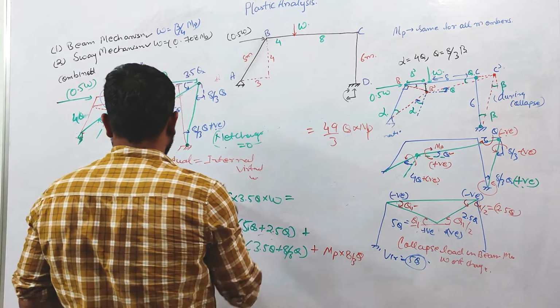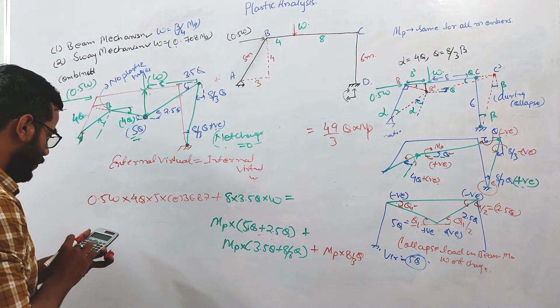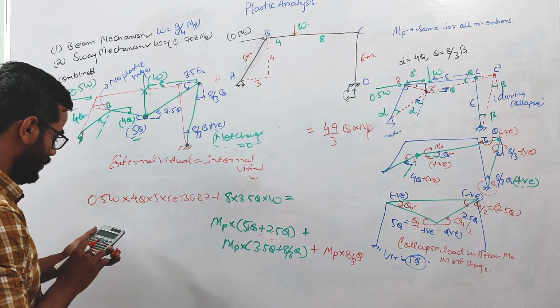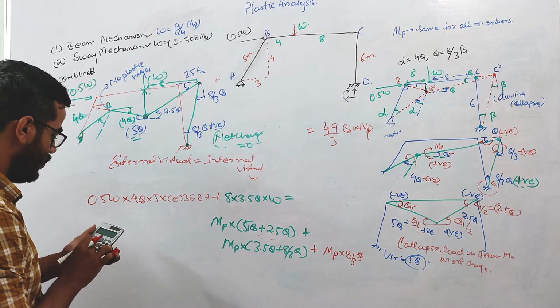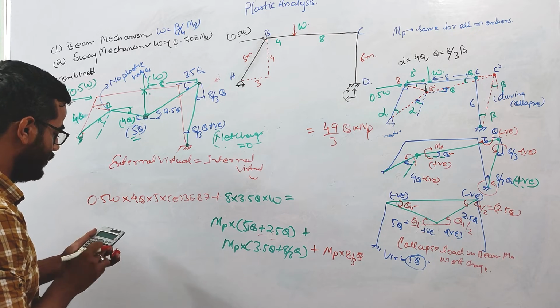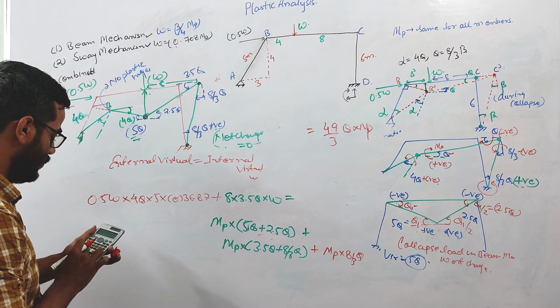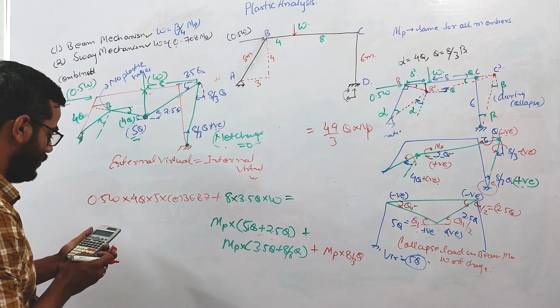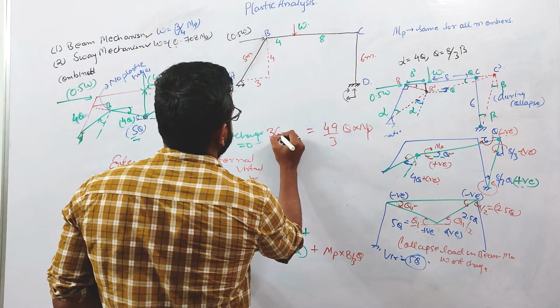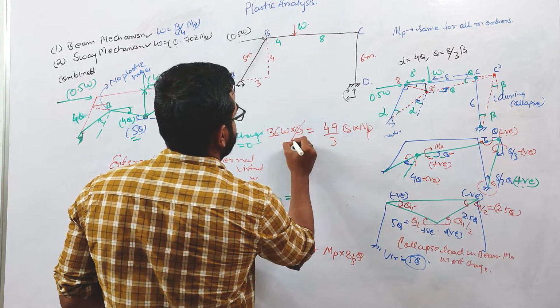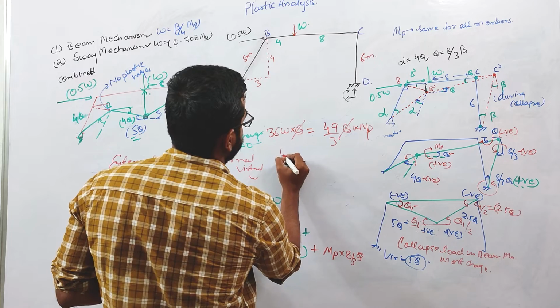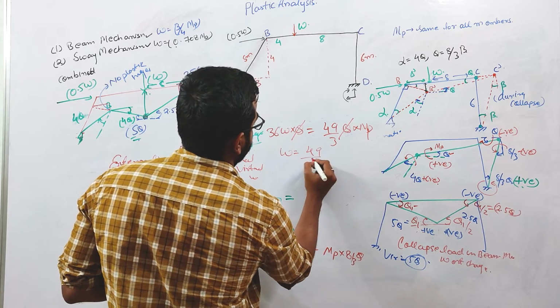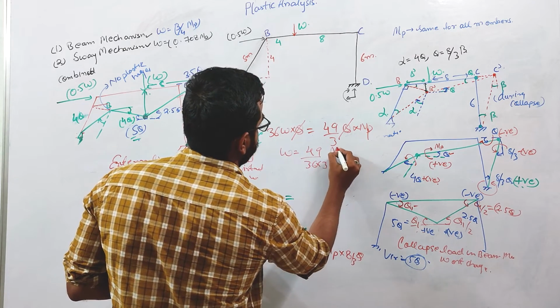The external work done will be equal to 0.5 into 4 into 5 into cos 36.87 plus 8 into 3.5, and this comes out to be 36 W into theta. Theta will cancel out, right? So W will be 49 over 36 into 3 MP.